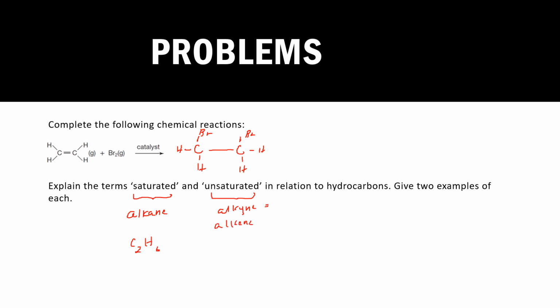Alkyne has a triple bond, alkene has a double bond. Example of alkene: C2H4.